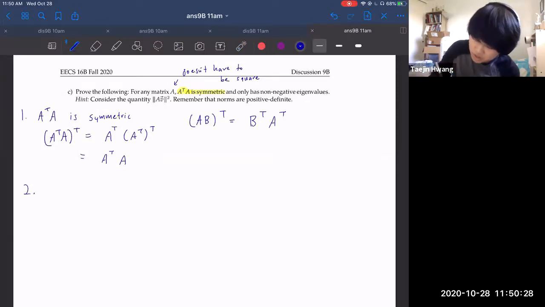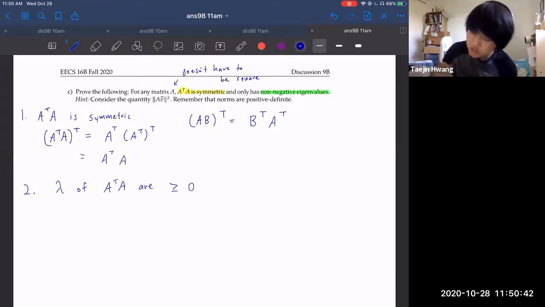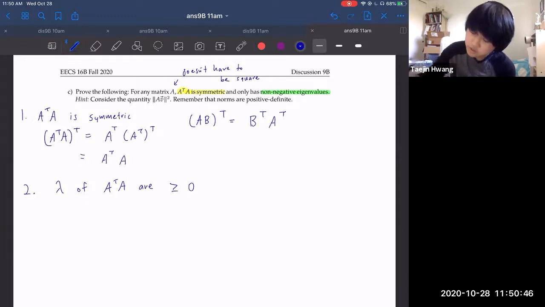And the second part is that the eigenvalues of A transpose A are greater than or equal to 0. In other words, they are non-negative. And to show this part, we can take the hint. Let's start by considering the norm of AV squared.